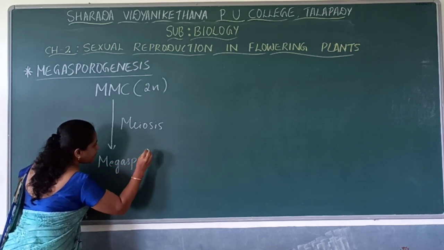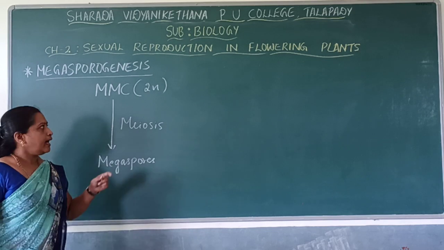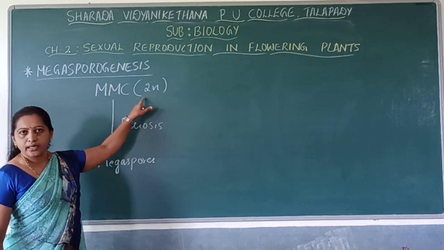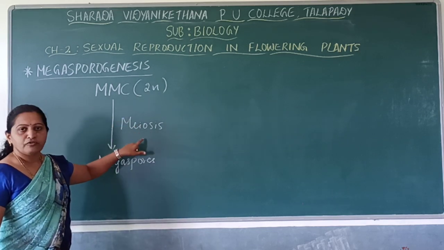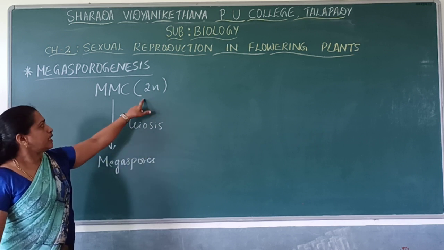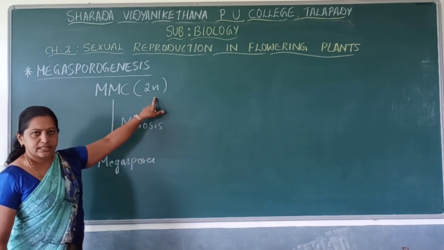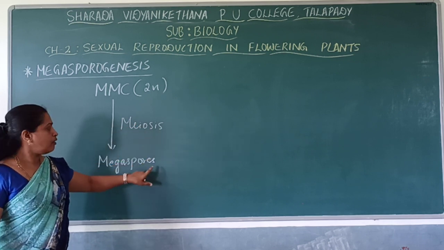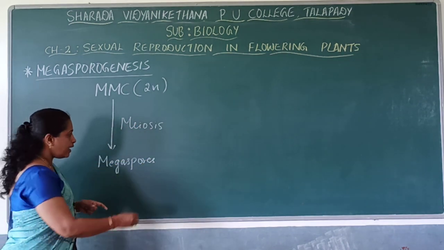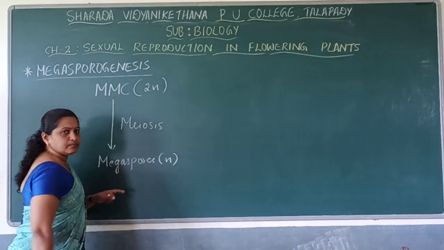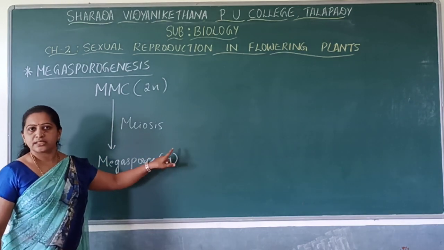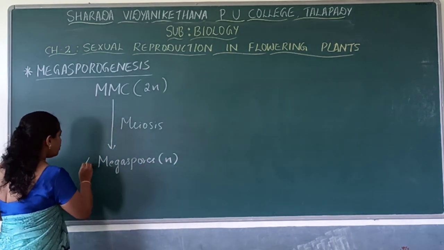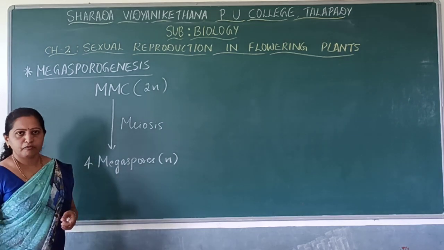How many megaspores can be formed at the end of the meiotic division? You know that the megaspore mother cell is diploid. Whenever a diploid cell undergoes meiosis, the resultant cells will be haploid, and 4 megaspores will be formed.